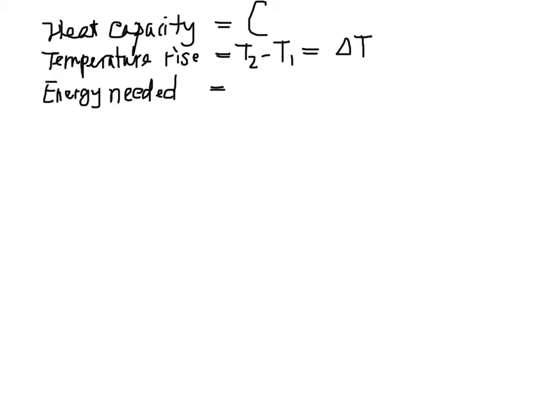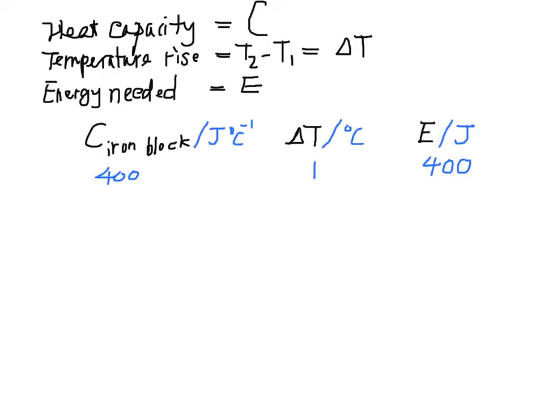And energy needed is equal to E. We use this symbol. From the above example, the heat capacity of the iron block is 400 joules per degree Celsius, with the temperature rise of 1 degree Celsius, and the energy absorbed is 400 joules.